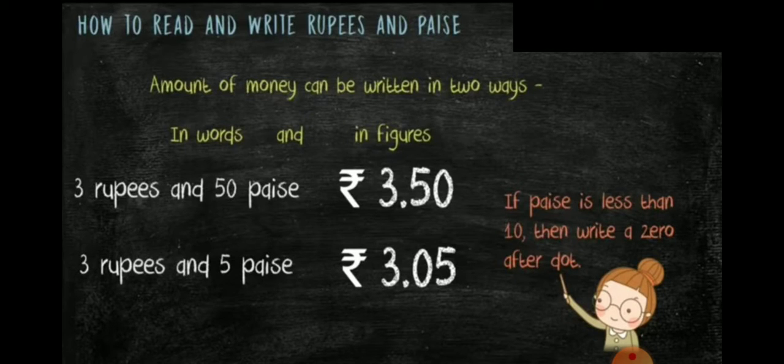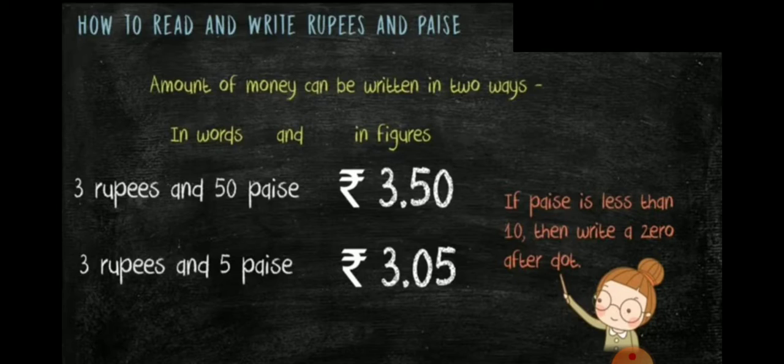How to read and write rupees and paise? Amount of money can be written in two ways, in words and in figures. Here you can see on the left side it is written in words, 3 rupees and 50 paise. And the same thing is written on the right side in figures. You can see rupees 3.50.